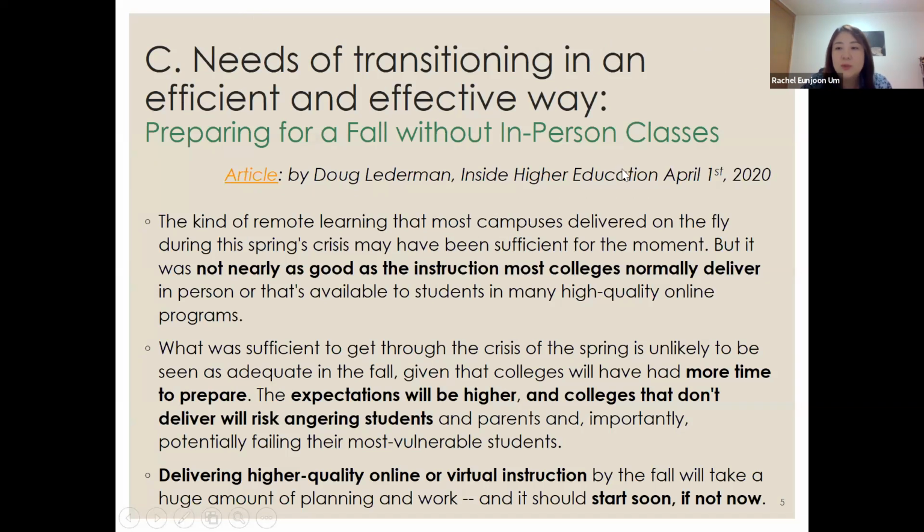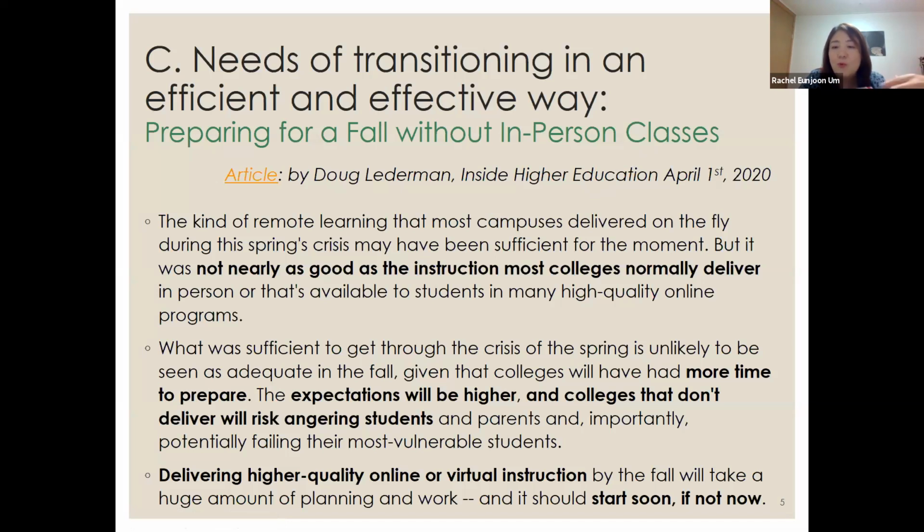So this article was published in April, but was still talking about the fall semester. So basically, it's saying that in the spring term, when the pandemic happened, we had to move quickly to online.